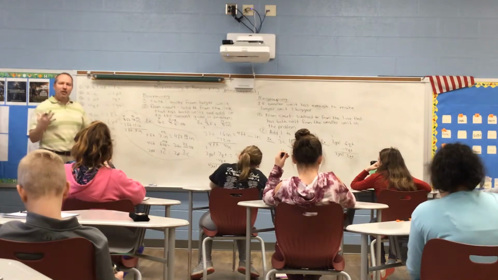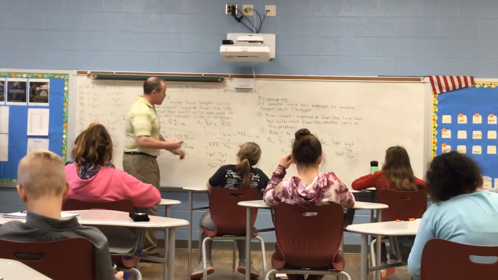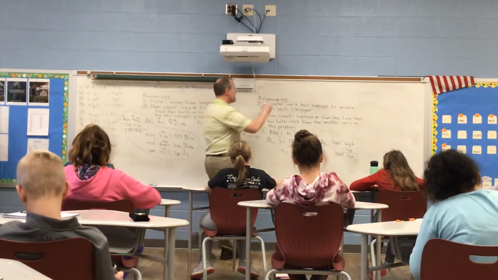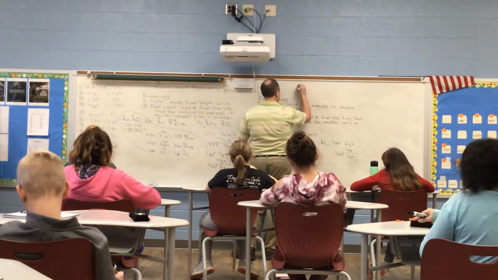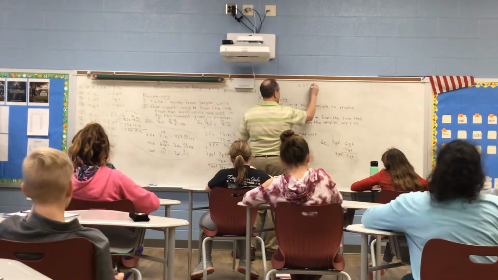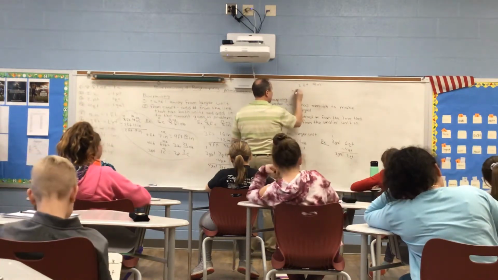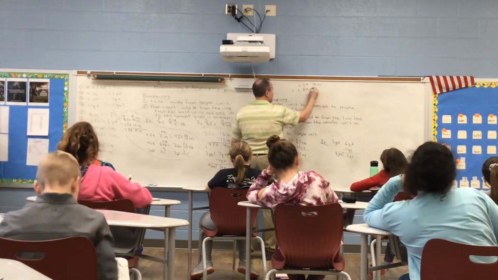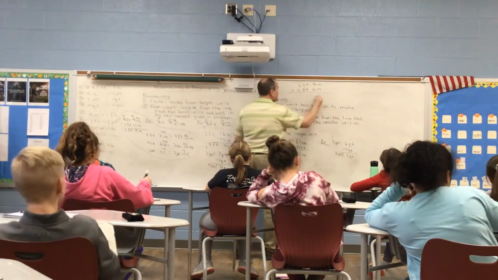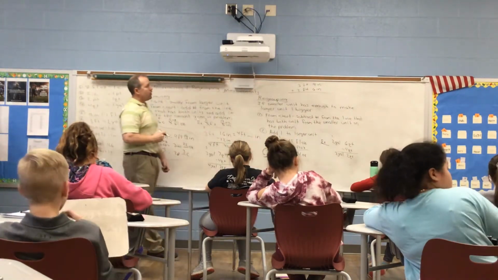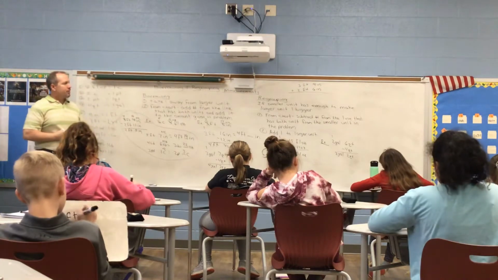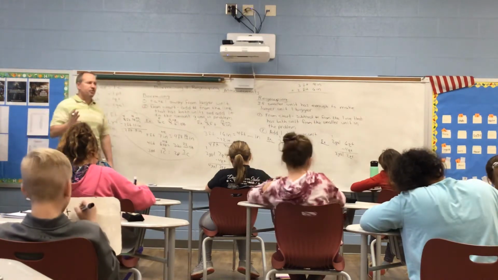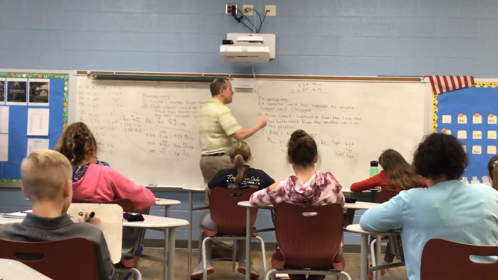Now, how is that going to apply to what we're going to do today? Okay, well, let's say we have 3 feet, 9 inches, plus 2 feet, 6 inches. When we add them, 9 and 6 gives us how many inches? 15 inches.